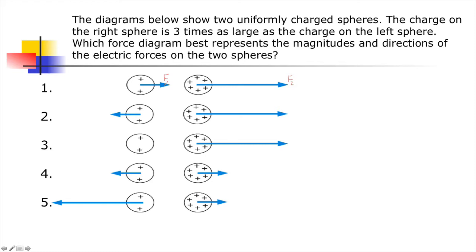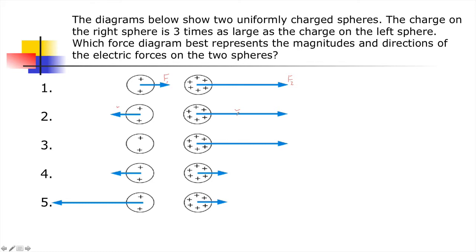If you bring them close to each other, the first thing you will notice is that the two objects will repel each other. Most people may say, oh, this one has a smaller charge, so it's going to experience a smaller force, and this one, being a larger charge, is going to experience a larger force.